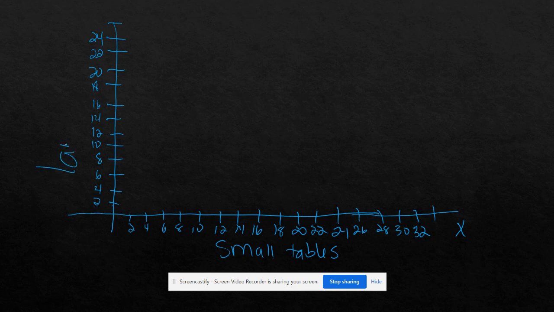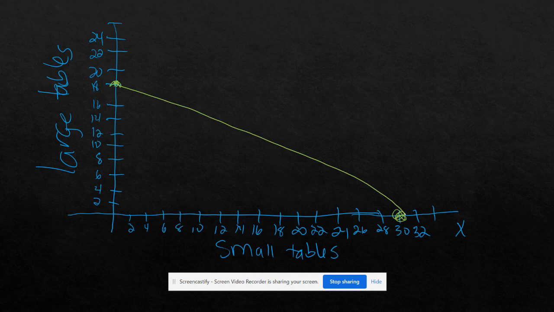And our y-axis is large tables. I'm going to plot my y-intercept at (0, 18) and my x-intercept at (30, 0). Sorry about that, not quite a straight line there. And there's my line.